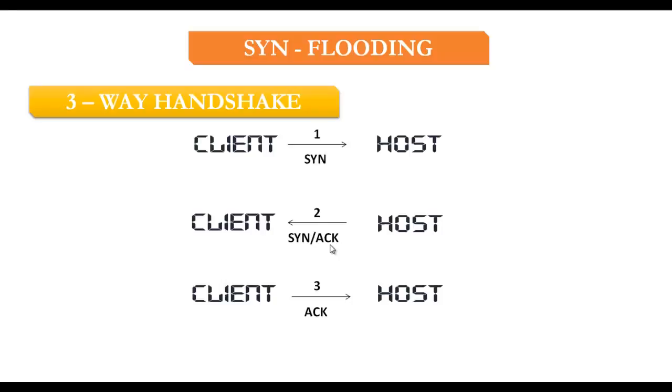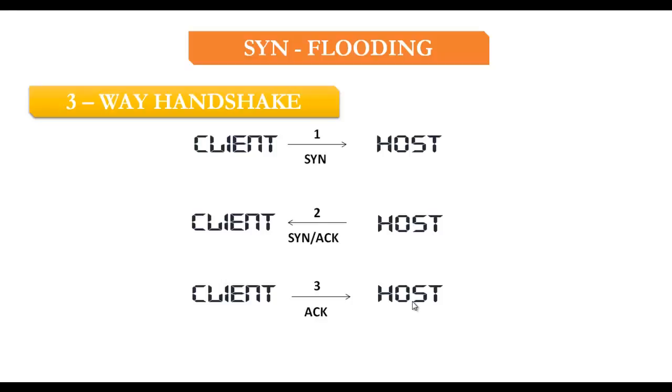That is, the client will first send a SYN packet, and to the SYN packet the host will respond with a SYN-ACK packet, and finally the client will complete the establishment of this communication by sending an ACK packet to the host. This is how the three-way handshake works.